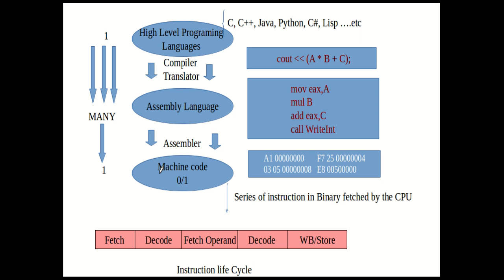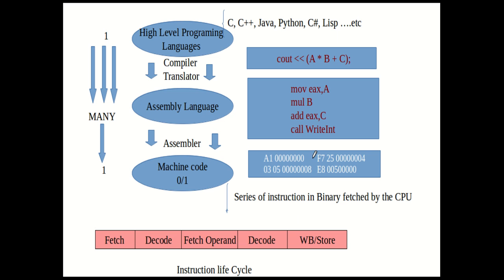And what is a program? It's a sequence of instructions. Instruction 1, 2, 3. Those instructions are for the CPU to execute. So a high level language is translated to assembly, translated to machine language, and then it's executed by the CPU. Fetch. This is the instruction life cycle, which is done by the CPU.